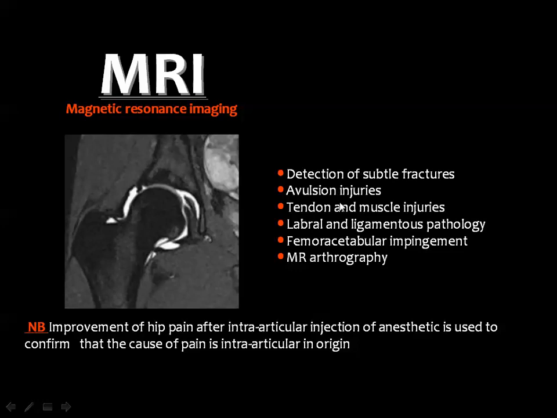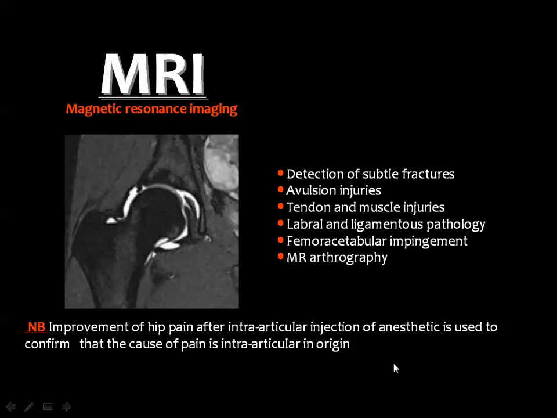Also in assessment of avulsion injuries, tendon and muscle injuries, labral pathology, and ligamentous pathology, the evaluation of femoroacetabular impingement, and the use of MR arthrography for evaluation of the labral tears, and also evaluation of the injuries of the ligamentum teres.